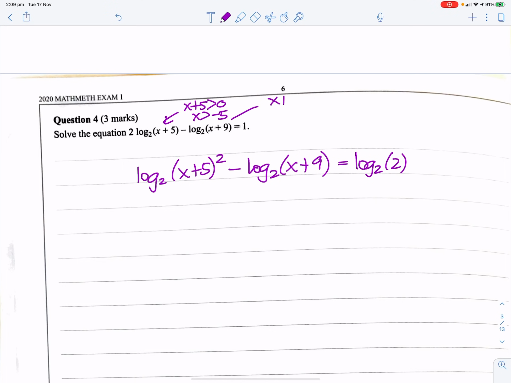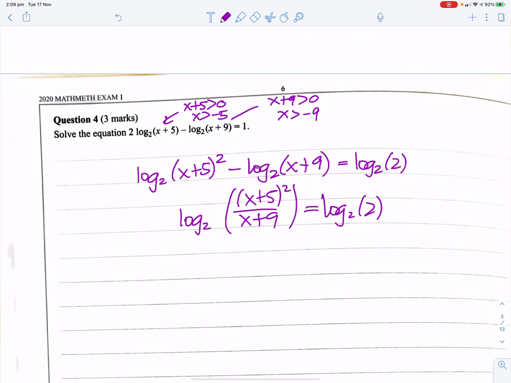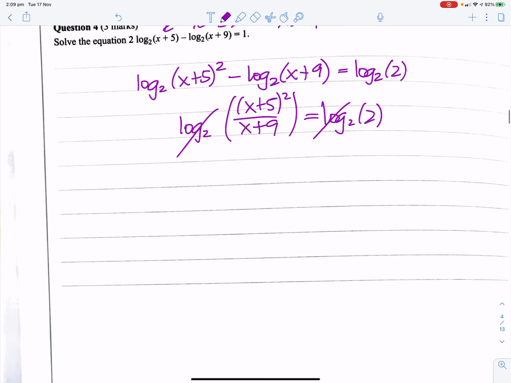And from this, we know x plus 9 has to be greater than 0, so x has to be greater than -9. If we bring these together, we get log 2 of x plus 5 squared over x plus 9. Because I've got a minus, we divide. That's equal to log 2 of 2, and we burn the logs.